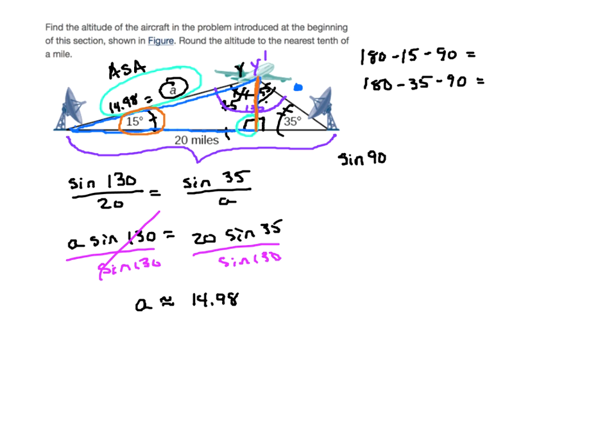The sine of 90 degrees divided by 14.98 has to be equal to the sine of 15 degrees divided by my height. This is really nice and neat because what is the sine of 90 degrees? You should know that off the top of your head by now.